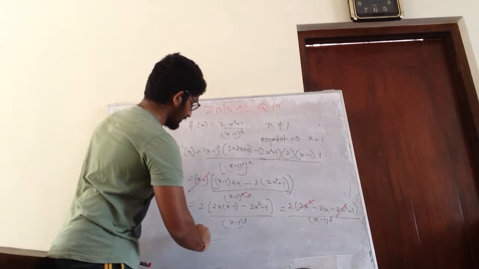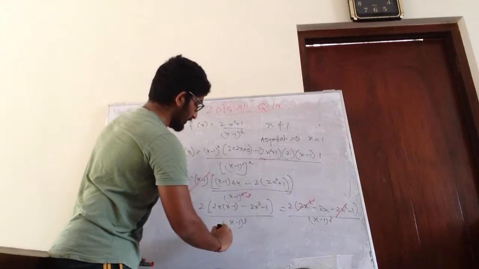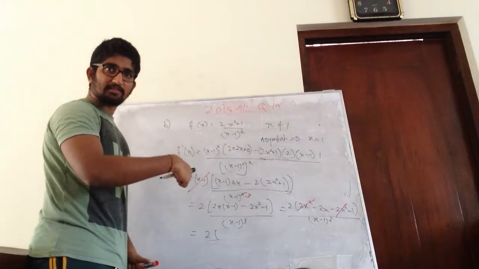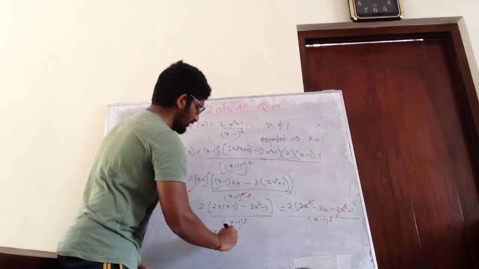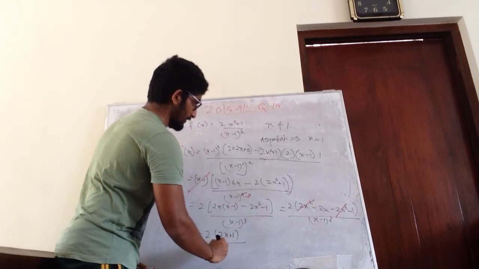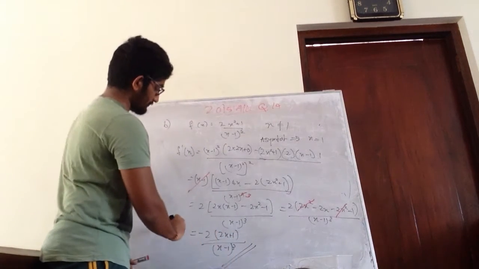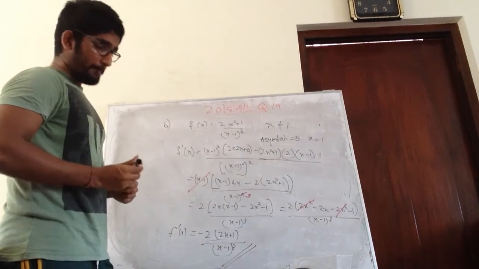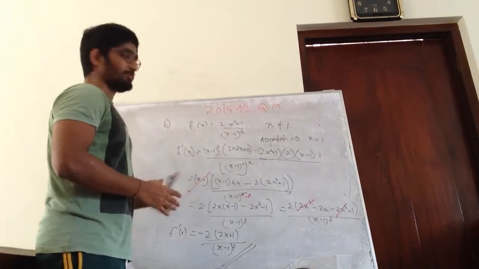Then I am remaining with 2 times minus 2x, so minus 2x minus 1. So I am going to take the minus out as well. Minus 2x plus 1 over x minus 1 cubed. Right now? So this is what we will get. So this is f dash x.